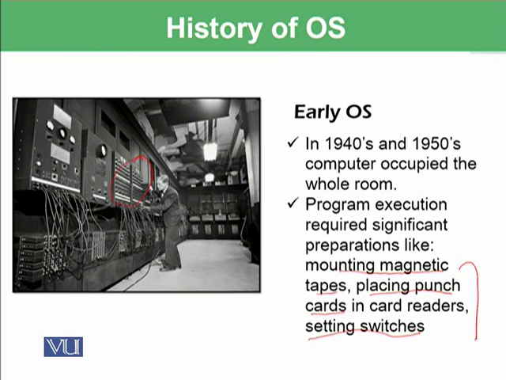All such activities were performed by a human who was in charge of that time's computer, and you can say this human was doing some of the activities of that time's operating system: mounting magnetic tapes, placing punch cards, and setting up the switches.